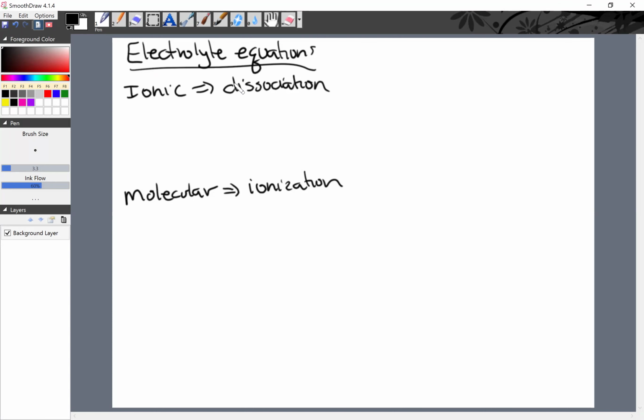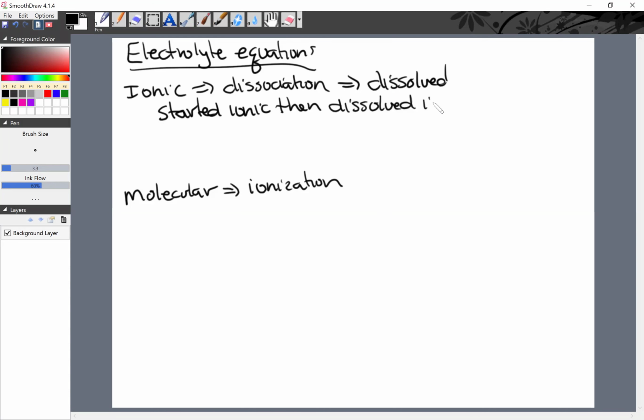Now, that's a fancy way of saying dissociation means basically dissolved, which means it started ionic, then dissolved in water.